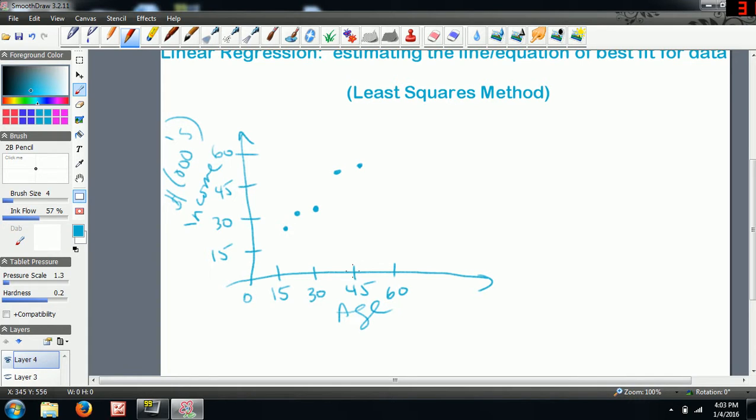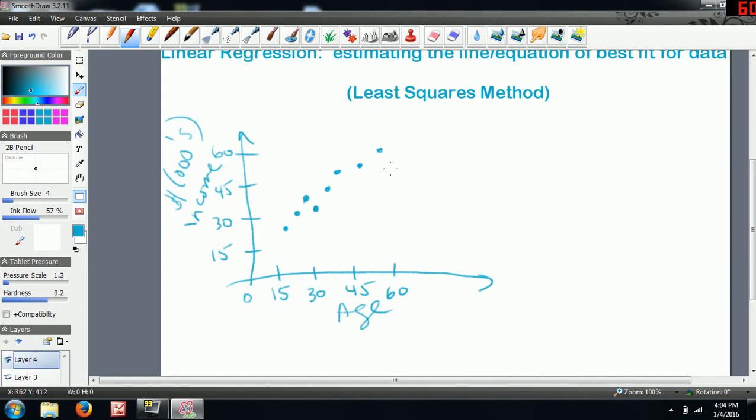The other person was 54, and they made 60. Then we had somebody who was 38 who made 44, and the last person was 29 and made 35.